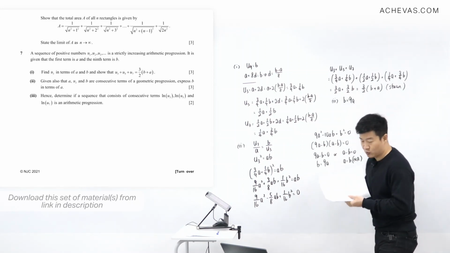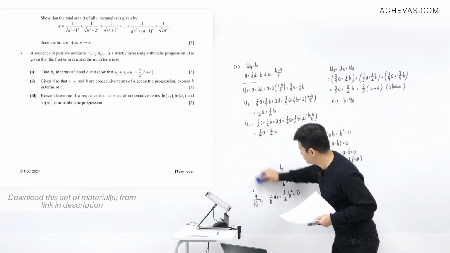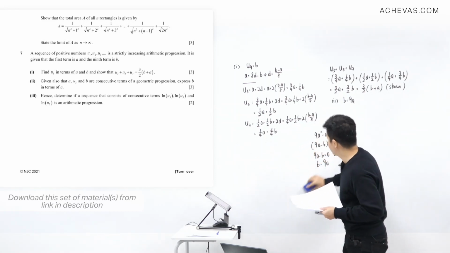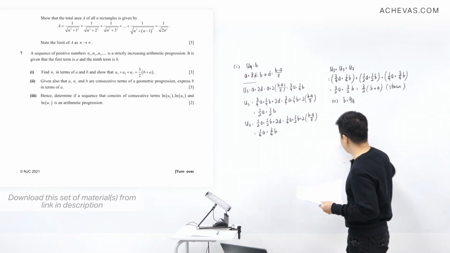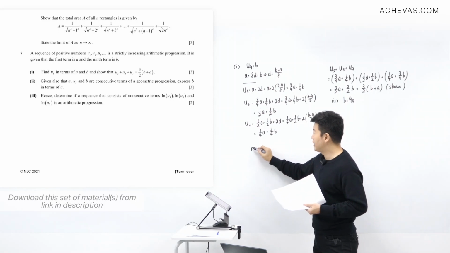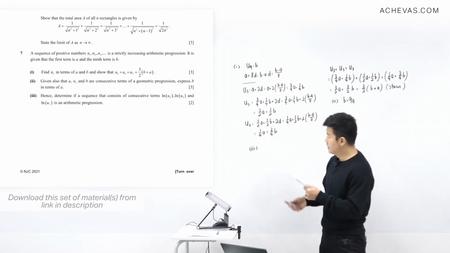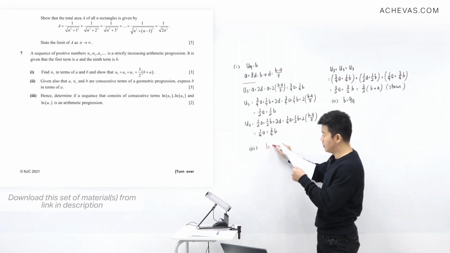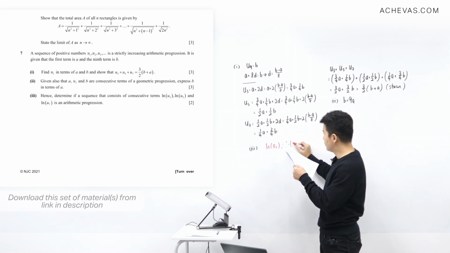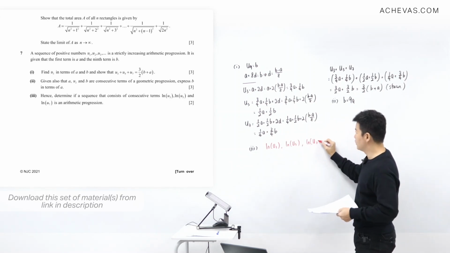Let's try to work on part 3, where we are given 3 consecutive terms, and we are supposed to prove that they belong to an arithmetic progression. So for part 3, let me just write them down first. They are ln of u3, the first term, then the next term is ln of u5, and then we have ln of u7.